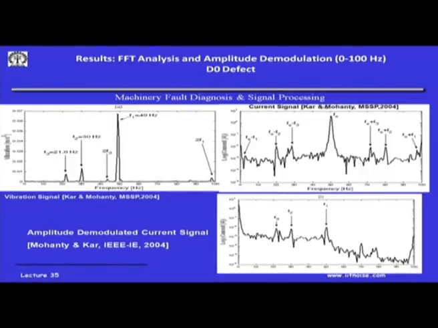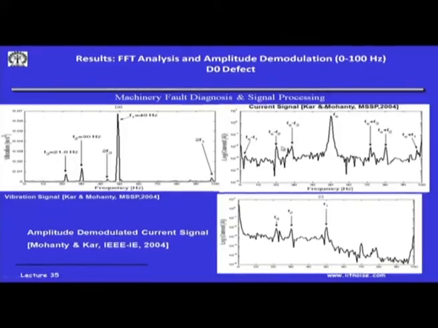But if I look at the current signal, you will see around the 50 hertz, okay, FE, I will see FE plus F3, FE plus F2, FE plus F1, all these side bands come up.